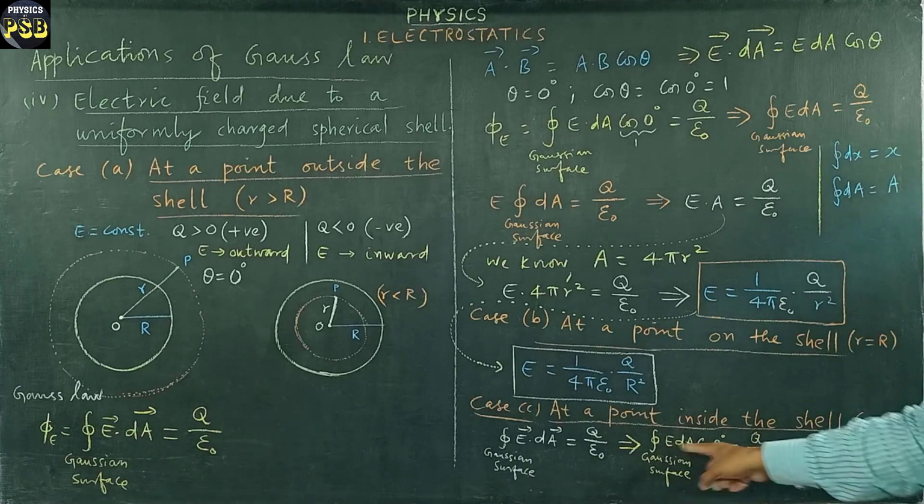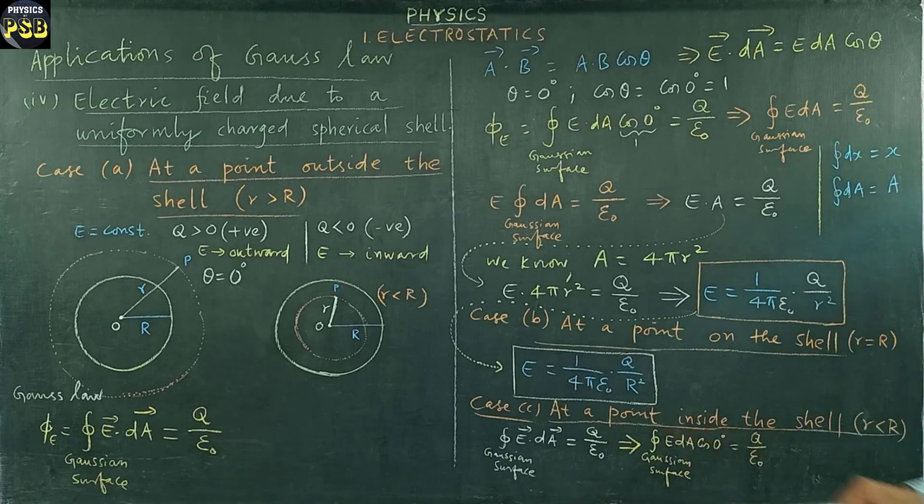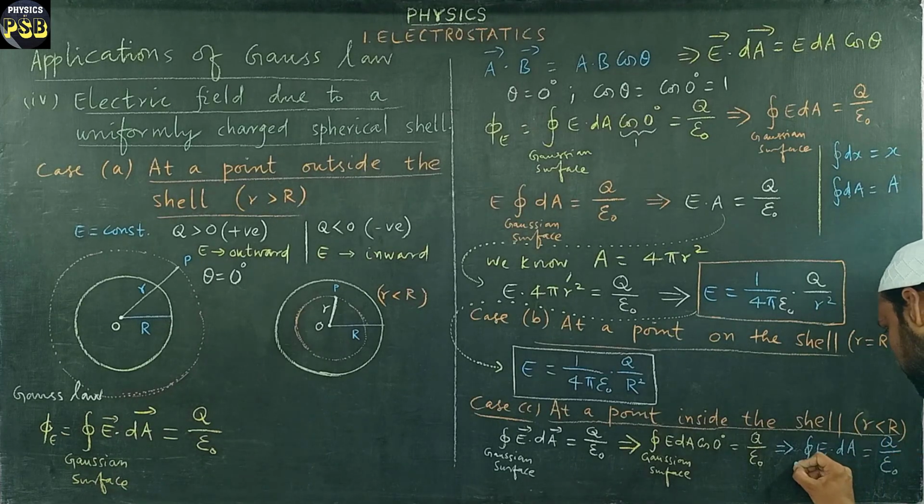Then this thing will be obtained by following the same method. Closed integral of E dA equals Q upon epsilon naught, for the Gaussian surface.